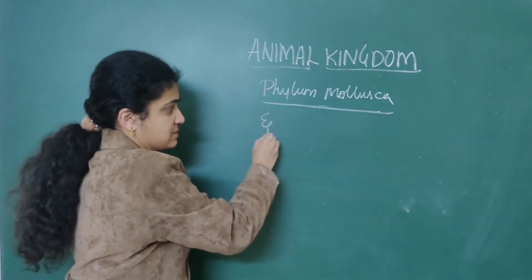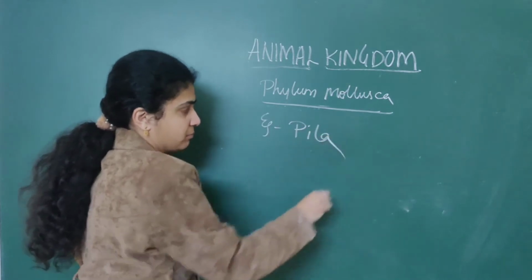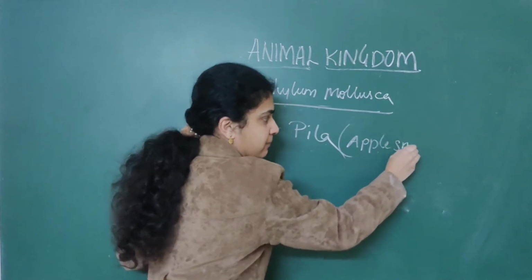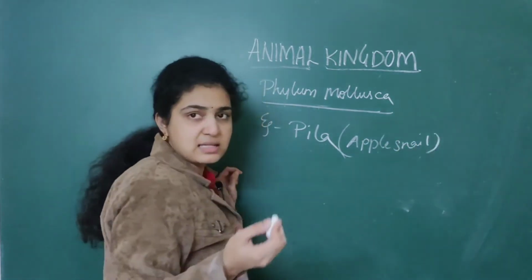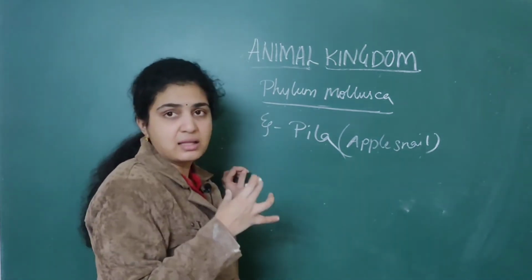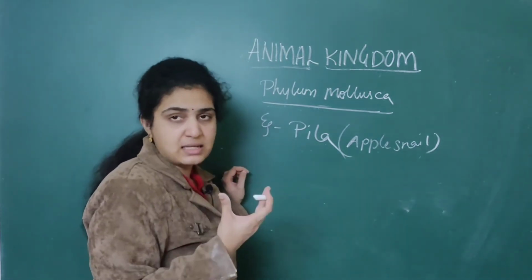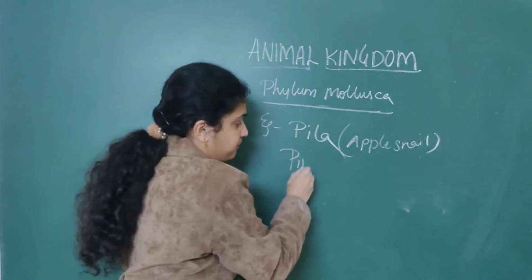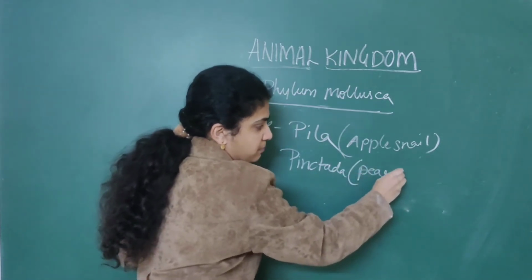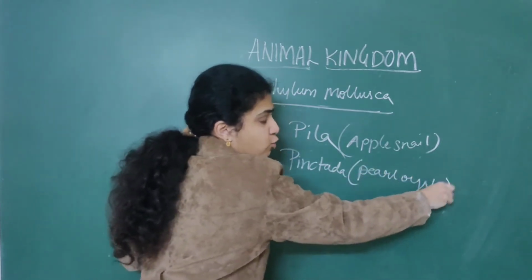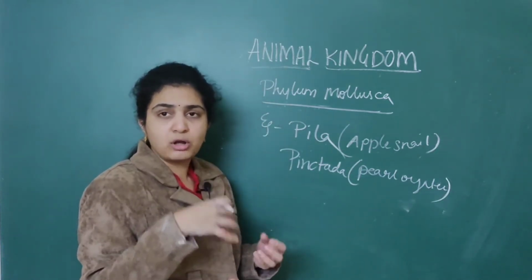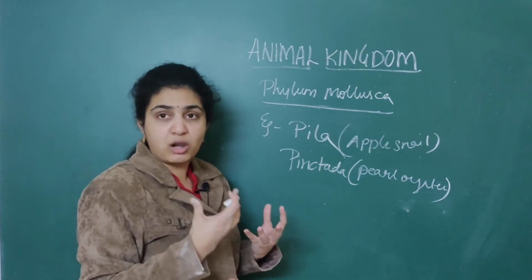First example is Pila. Pila is also called apple snail. Whatever snails you see which belong to the mollusks are Pila, also called apple snails. Next, Pinctada, the pearl oyster. Near the sea you see numerous pearls and shells produced by numerous mollusks.